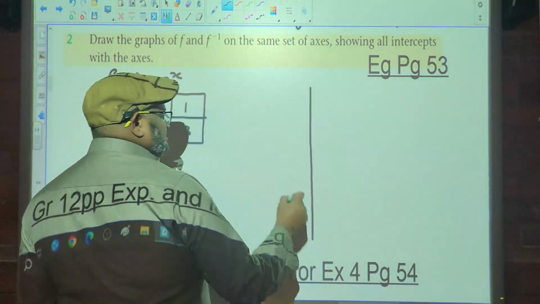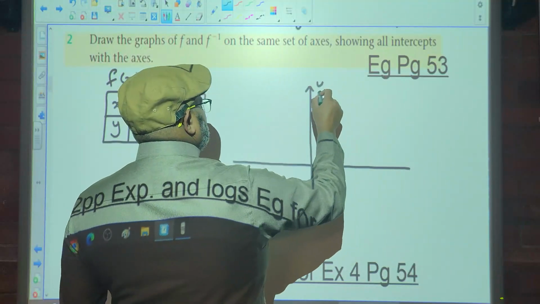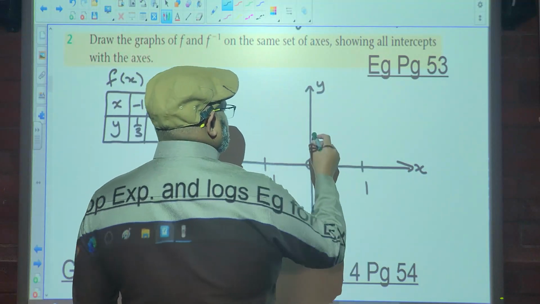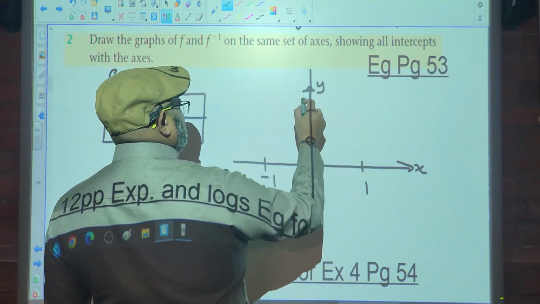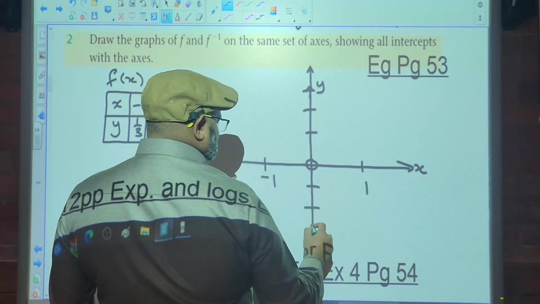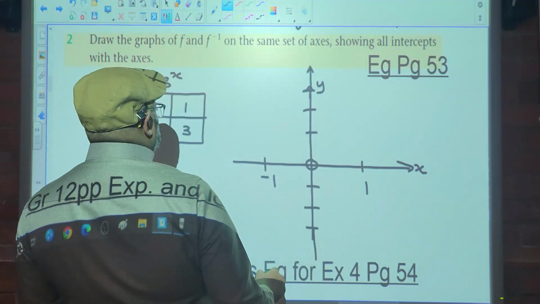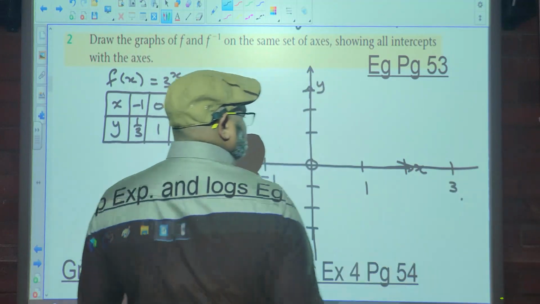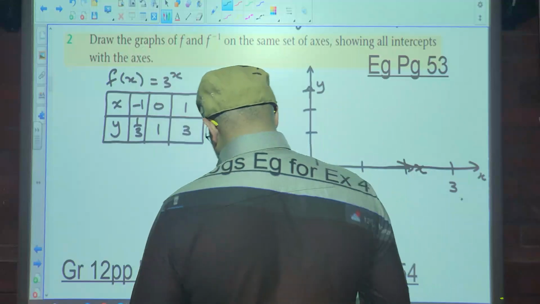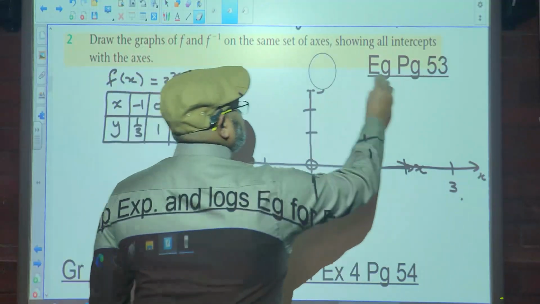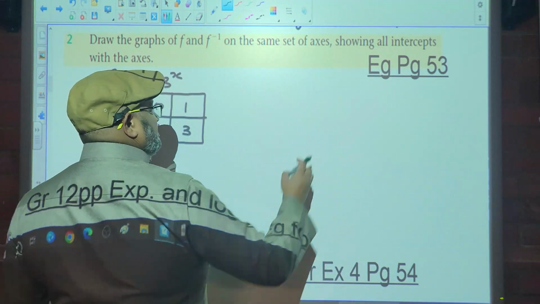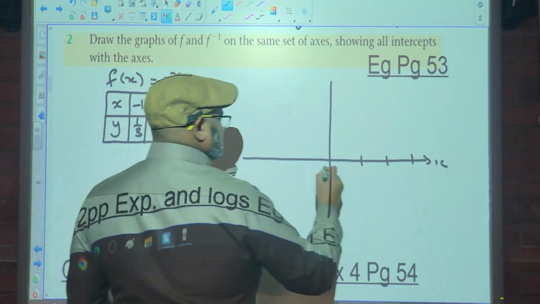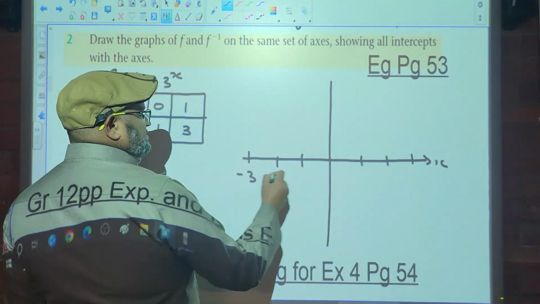So that's enough information to draw this graph. With y and x, minus 1, 0 and 1. Knowing that's going to be a bit bigger. It's all by approximation.